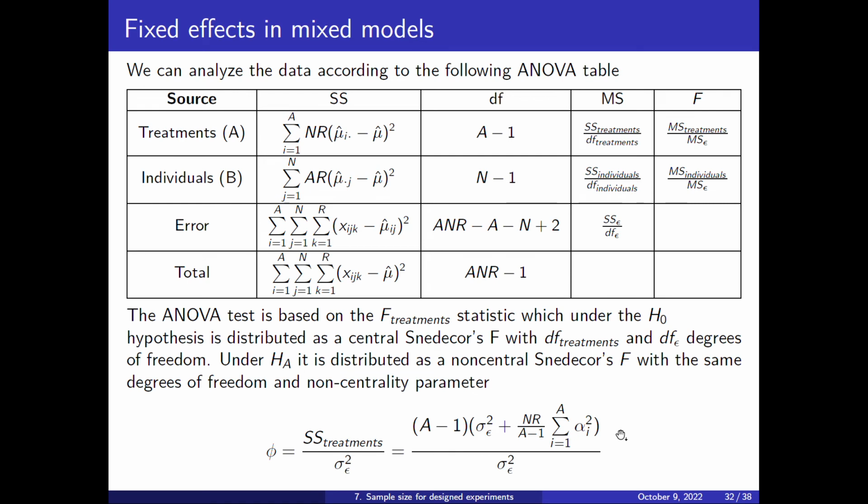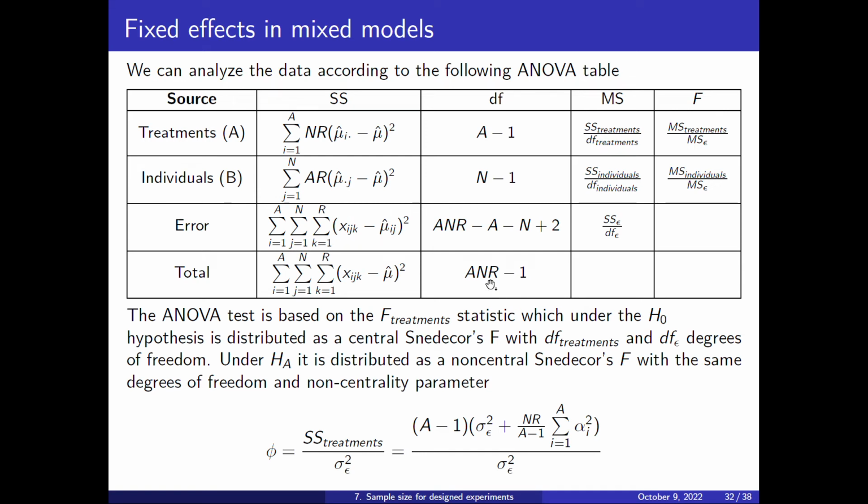Okay, so now we have our ANOVA table. So we have A treatments, so A minus 1 degrees of freedom for the treatments. These are the inhalators. We have n individuals, so we have n minus 1 degrees of freedom for the individuals. We have A times n times r minus 1 degrees of freedom in total, and this is the difference between these two and this one.